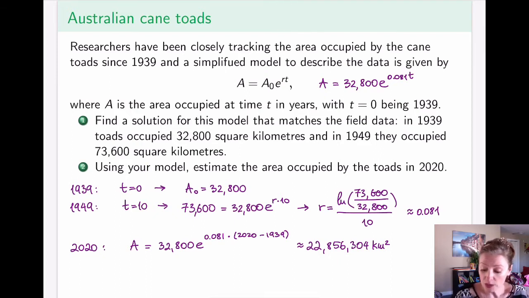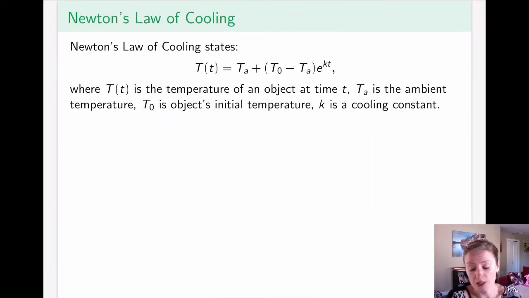The other really interesting application of the exponential functions is Newton's law of cooling, which states what the temperature of an object is in terms of the ambient temperature of the environment, the initial temperature of the object, as well as some cooling constant k.